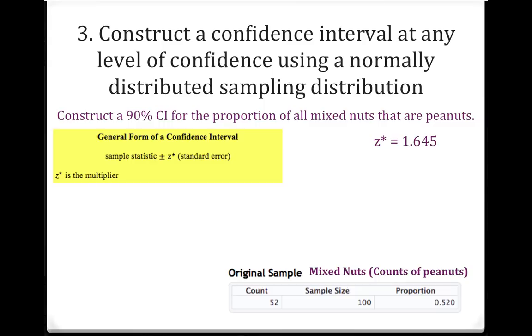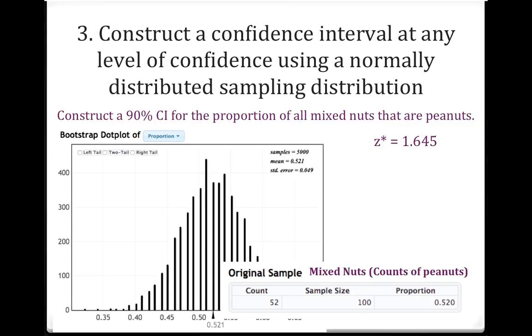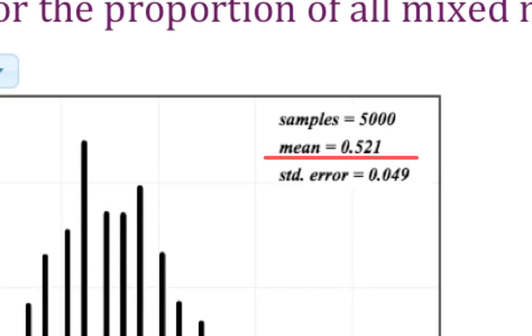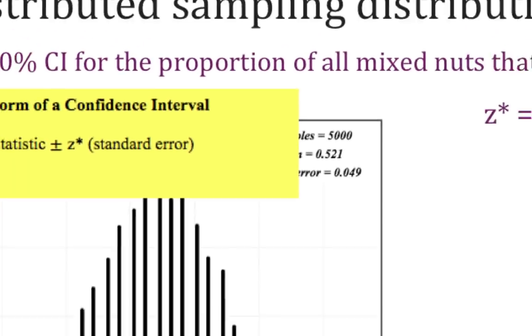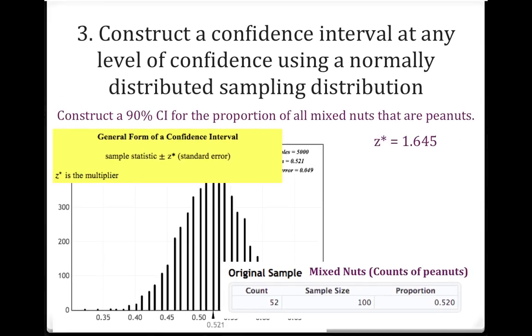The standard error I can find by constructing a bootstrap sampling distribution in StatKey. I've done that here. The standard error is 0.049. I can plug all of these values into this general form of a confidence interval.